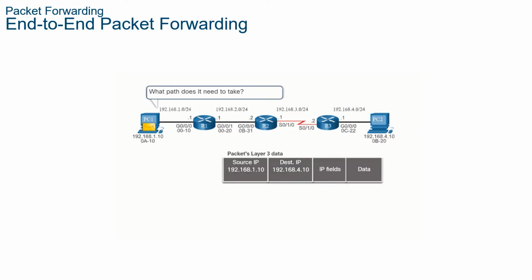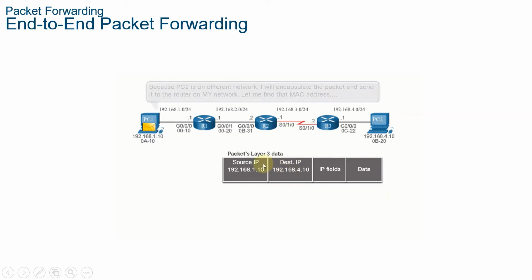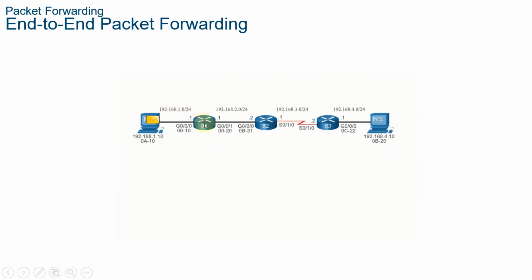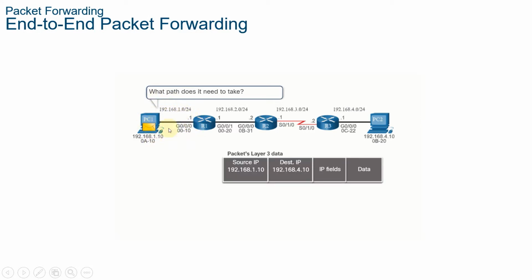Router 1 would then reply with an ARP reply. Take a look at the animation here. Because PC2 is on a different network, PC1 will encapsulate the packet and send it to the router. So that is the first hop, or the first movement of the packet.